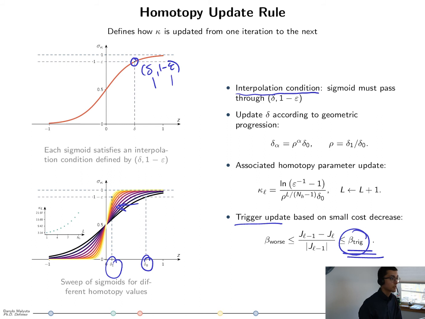Once these two values are defined, they completely determine what the value of kappa has to be. And for the update, we simply define a geometric progression from the highest value of delta to the lowest value of delta, where the discrete logic is very precise. Okay, so it's basically this process by which delta gets shrunk, and the associated sigmoids become sharper and sharper and sharper.